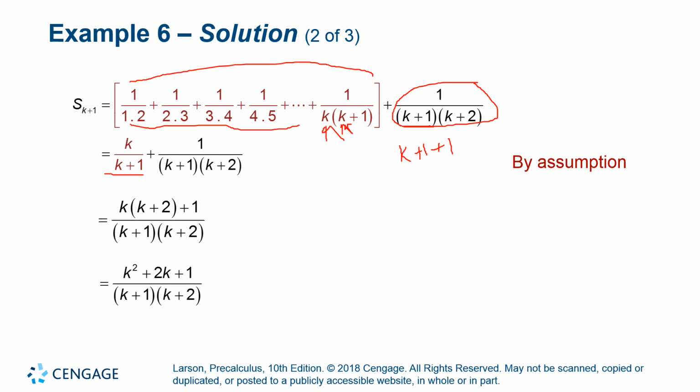So if we find a common denominator for this, a common denominator would be k plus 1 times k plus 2. So this is for the first fraction, plus the second fraction should again be k plus 1 times k plus 2.